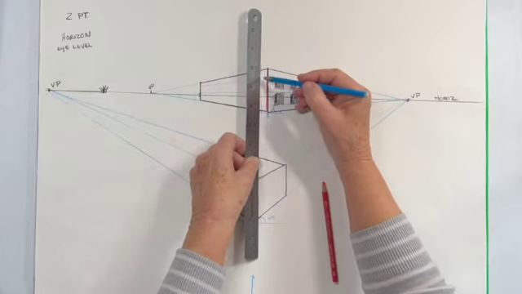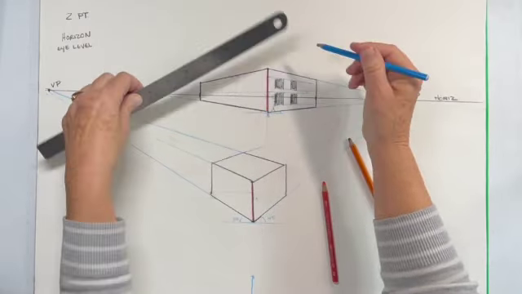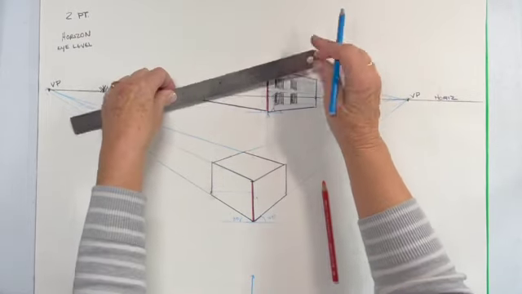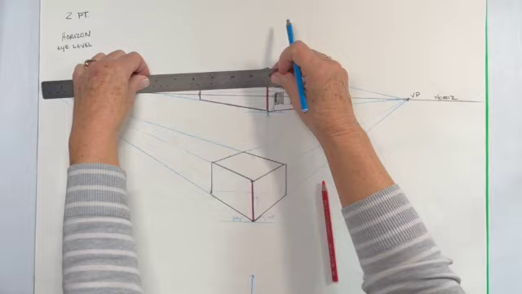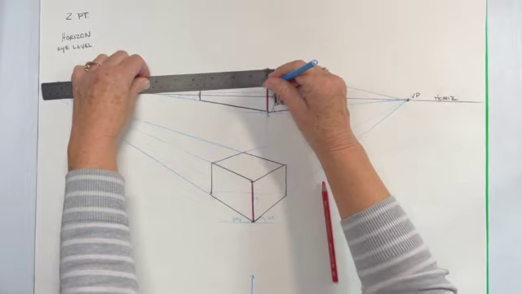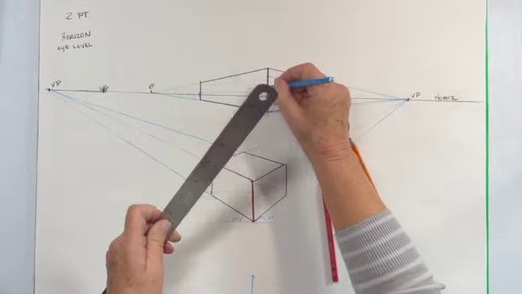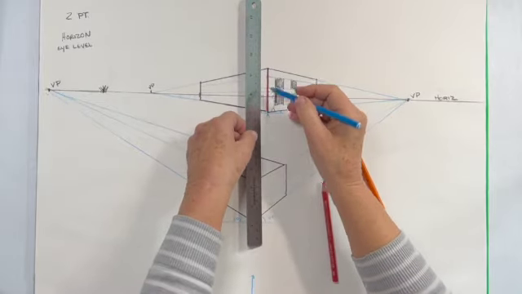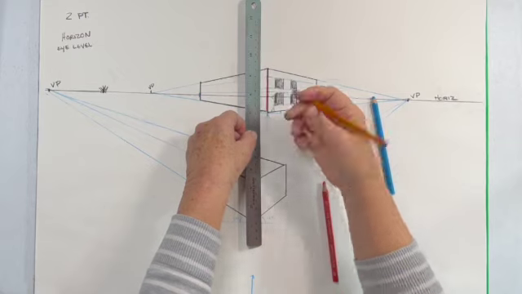Verticals are vertical. Oh, I needed the bottom of those top story windows from that corner right there. Not from the corner of the window, but from the corner of where it intersects with your primary line. All right. Verticals are vertical.